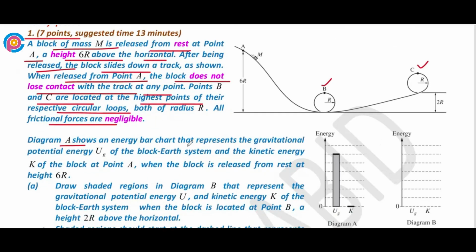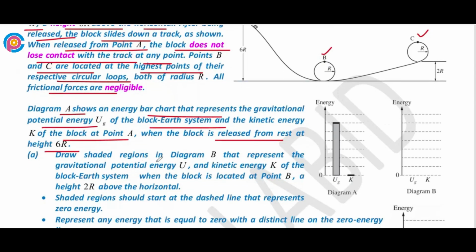Diagram A shows the energy bar chart that represents the gravitational potential energy of the block-Earth system and the kinetic energy of the block at point A. When the block is released from rest at height 6r, draw the shaded regions in diagram B that represent the gravitational potential energy and the kinetic energy of the system when the block is located at point B, at a height of 2r above the horizontal.